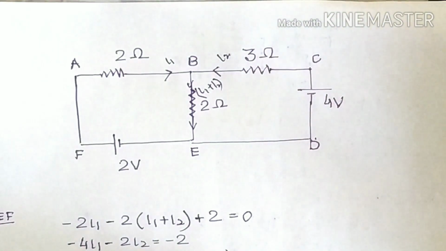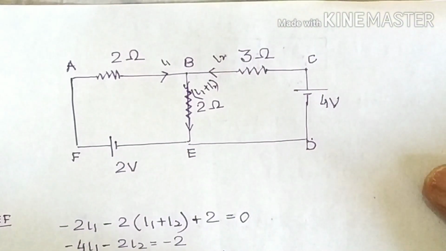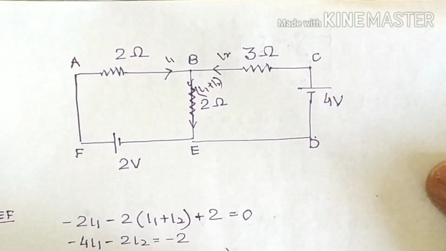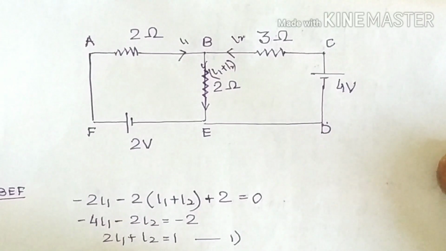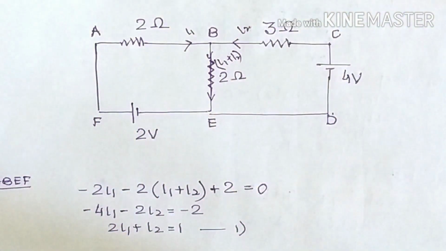Now apply Kirchhoff's second rule. According to Kirchhoff's second rule, here you have two loops. Now see.